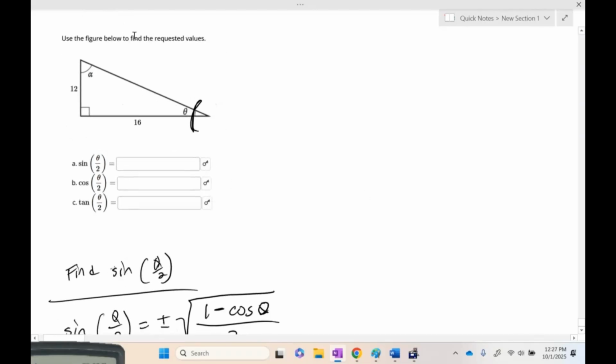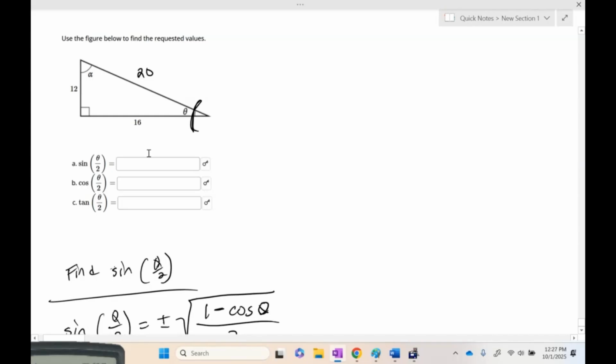Well, in order to find the cosine of theta, I'm going to label all of my sides. So this is basically that same triangle, and we found that R was 20, right? We got 12 squared plus 16 squared, that gave us 400. And once we took the square root, that gave us 20. The difference is I'm using the angle theta instead of alpha.